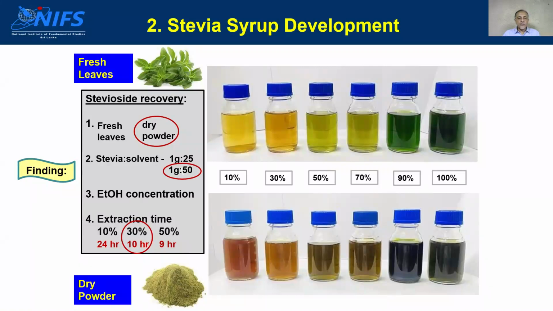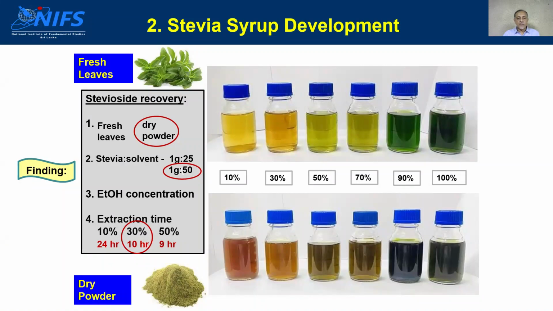On the top side we are showing syrup mixtures prepared from fresh leaves, and the lower series shows syrup development using dry powder. We tested both fresh leaves as well as dry powder, to see which one works better. Out of these two series, the one obtained using dry powder was found to be the best.